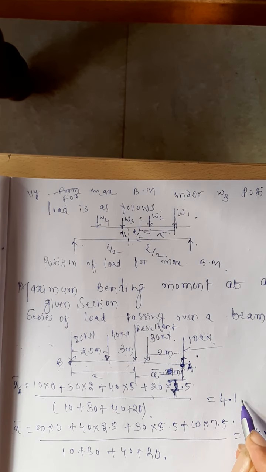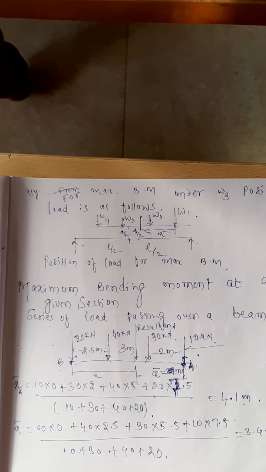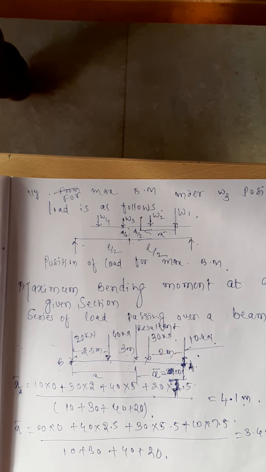Most probably, friends, what is the meaning of this? If this is the given set of loads, 10 kilonewton, 30 kilonewton, 40 kilonewton, friends, only these two are a bit complicated or most repeatedly asked: maximum bending moment under a given load and maximum bending moment at a given location.